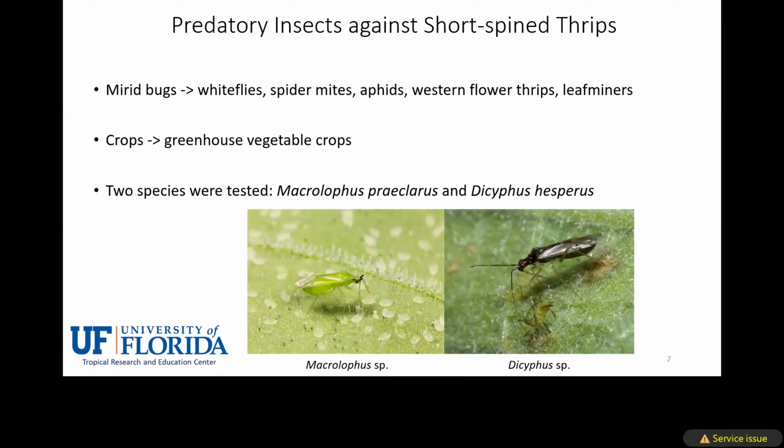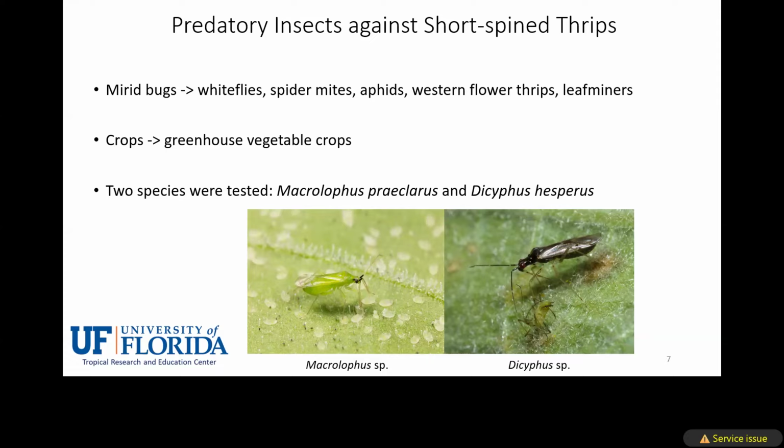You can also see that these two species differ in color, so it's quite easy to distinguish them. One important piece of information is that Dicyphus hesperus is sold by companies, so it's commercially available and growers can buy it, while Macrolophus praeclarus is present in Florida. It's a native predator that you can find here, but it's not commercially available.